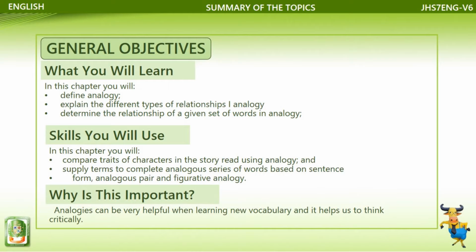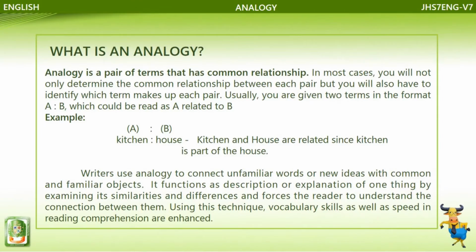Supply terms to complete analogous series of words based on sentence and form analogous pair and figurative analogy. Why is this important? Analogies can be very helpful when learning new vocabulary, and it helps us to think critically.